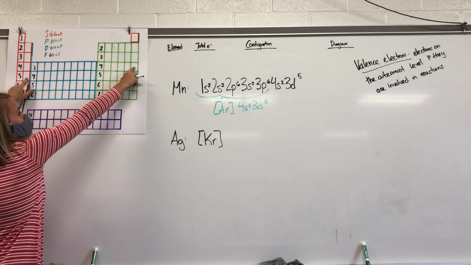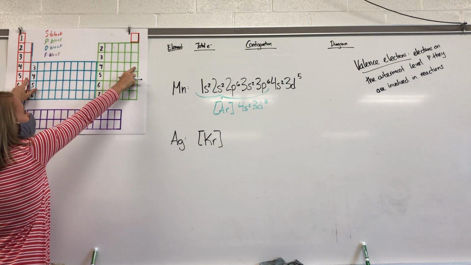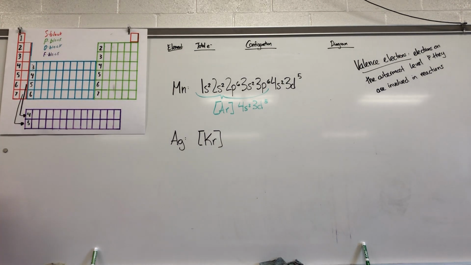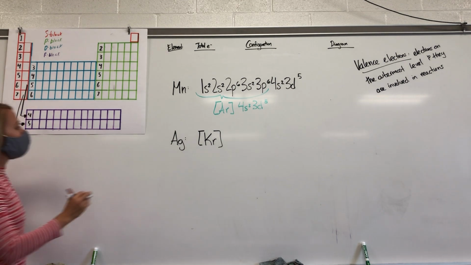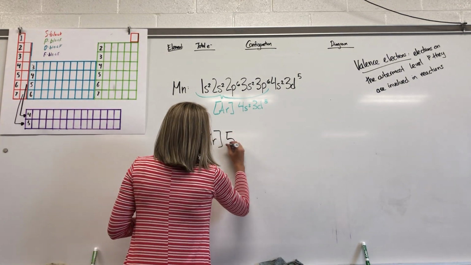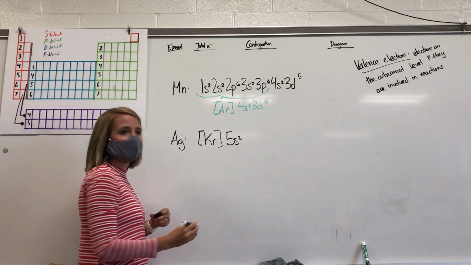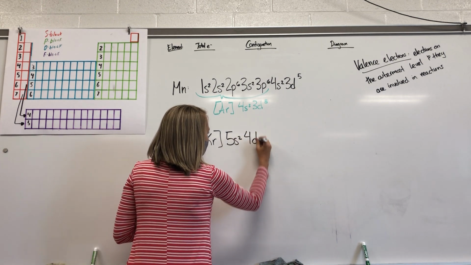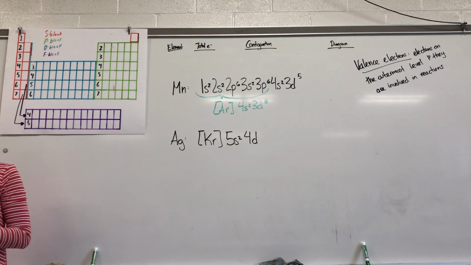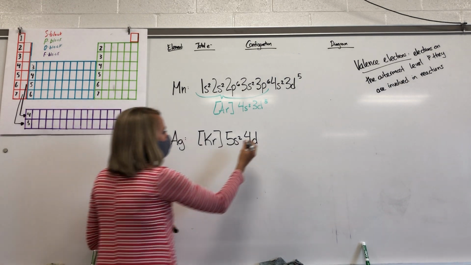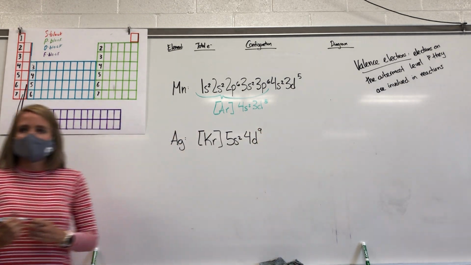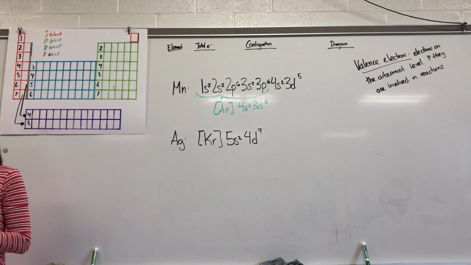Because krypton is this box, so 1 through there, we don't have to think about. So the next thing I'd write is 5s2, followed by 4d, count over to silver, 9. And you're done. Much better, yes. You may always use a shortcut from here on out. Any questions right now?